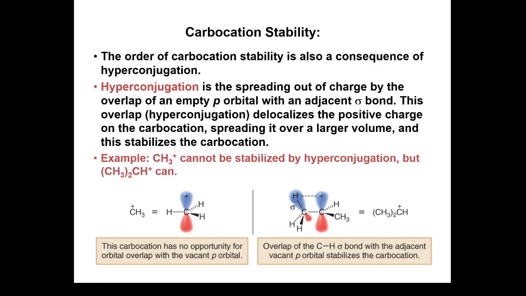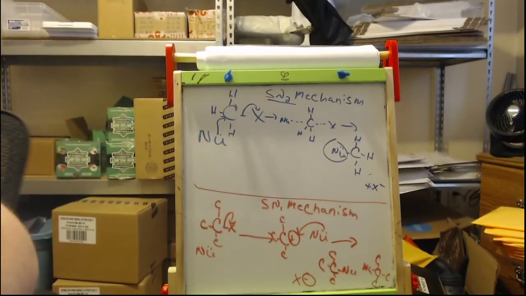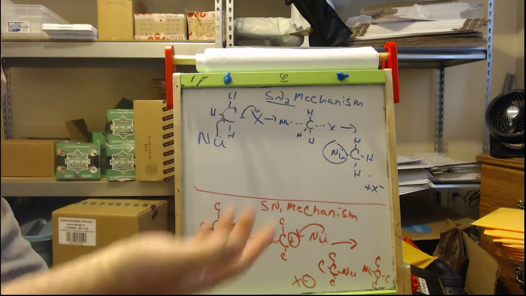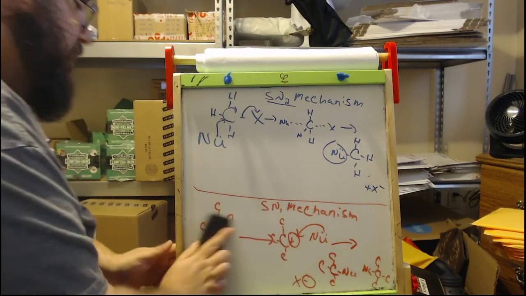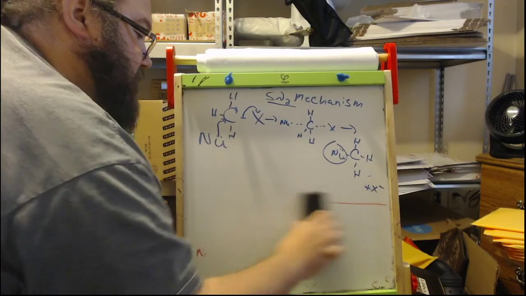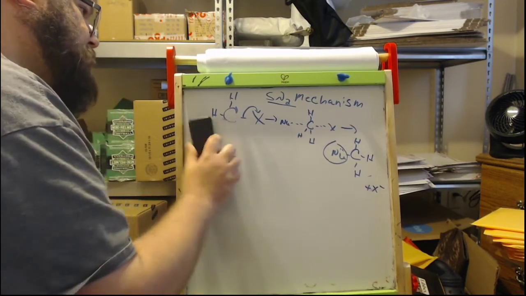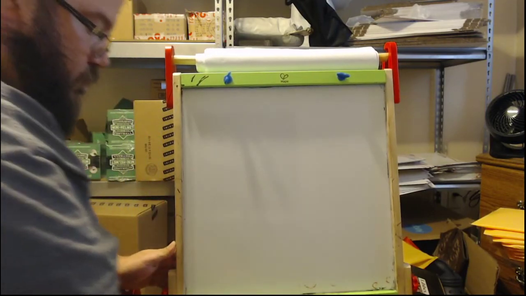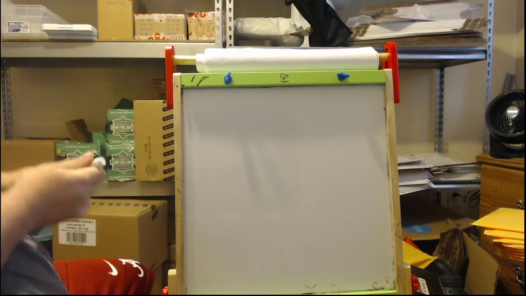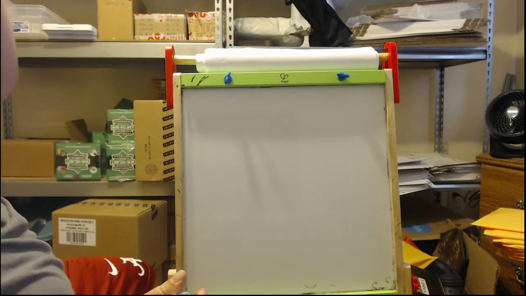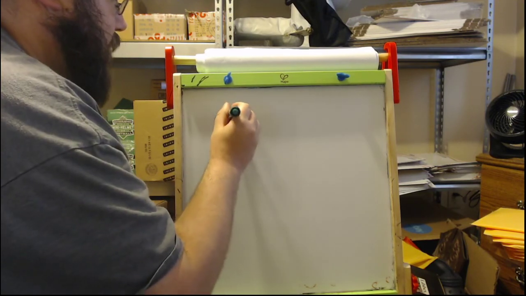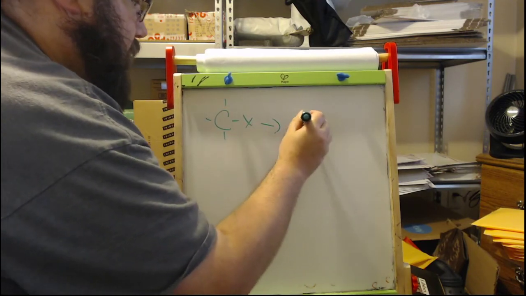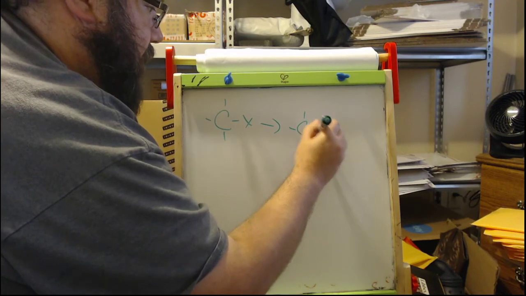All right. So let's look at why, besides steric hindrance, SN1 likes tertiary and secondaries more than primaries. What it has to do with is carbocation stability. So we have a reaction, and I have a choice. I take my primary alkyl halide and turn it into a primary carbocation.